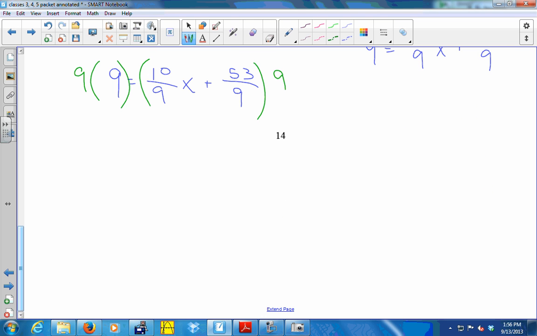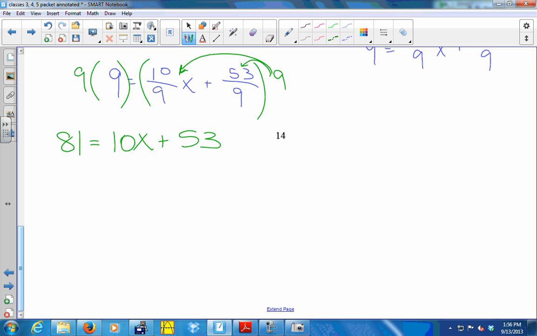All right, so on the left here, 9 times 9 is 81. And on the right, I need to distribute that 9 to both terms. And when I distribute it to this first term, it's going to cancel with the 9 in the denominator. I'm going to be left with 10x. And when I distribute it to the second term, it cancels with the 9 in the denominator, and I have plus 53.